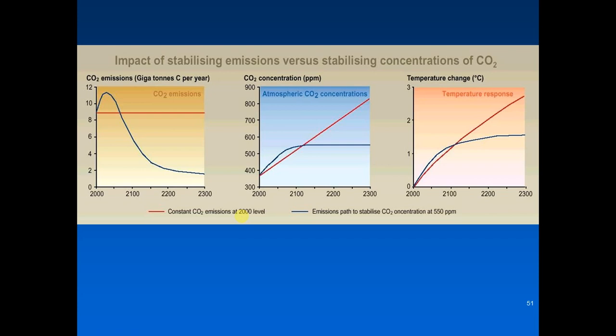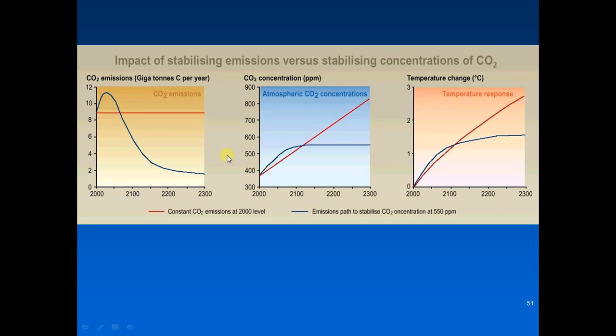The global emissions of the world do not change going forward for 300 years. You might think, well, that sounds good, because global CO2 emissions had been increasing dramatically. So now let's stop them from increasing and level them off. We stabilize emissions. They don't increase anymore.